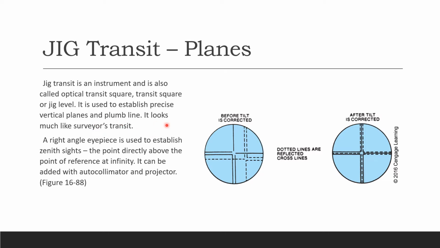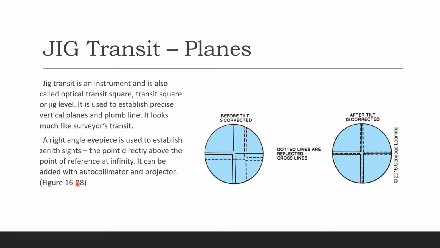So anyway, our department doesn't have it, but in the future, like I said, we're going to develop this course to the next level. At that time, we're going to have different instruments for metrology measurements. So it looks much like the surveyor transit, and we call that JIG transit. A right angle eyepiece we use to establish the zenith sight, a point directly above the point of reference, at infinity.